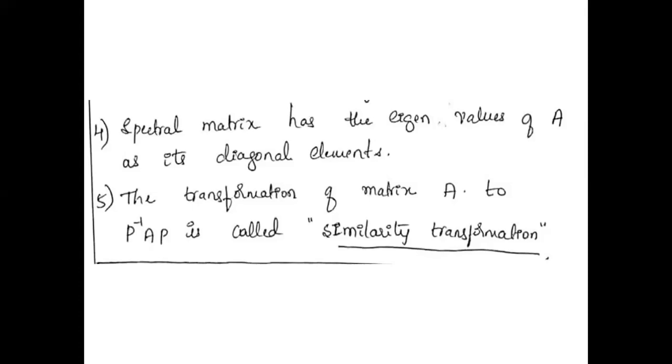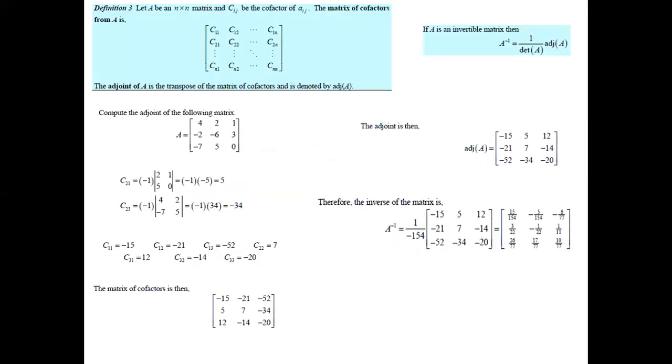Before we go into a numerical, there is something that we need, which is how to find the inverse of a matrix. There are different methods to find the inverse of a matrix. One of the methods which we can use is the cofactor method, which is what I've shown on this slide.